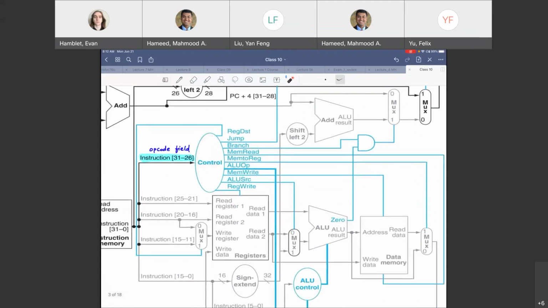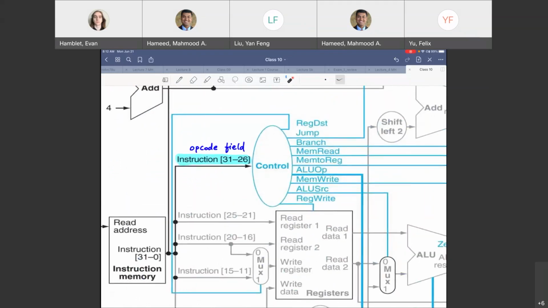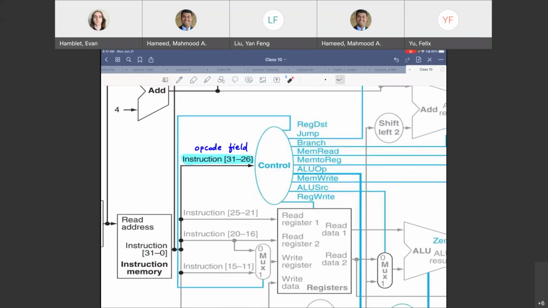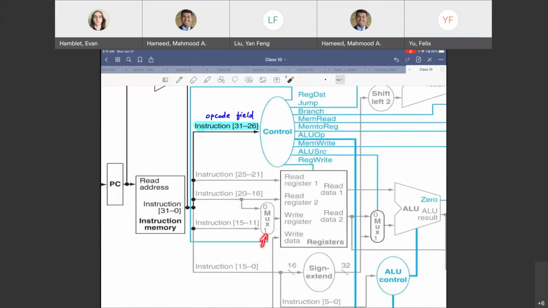Next, let's quickly talk about some of the other ones. Register destination, what is that? Register destination is essentially a control for this mux over here. What does that differentiate? That differentiates between R-type instructions and those I-type instructions, right? R-type, you have got RS, RT, RD.